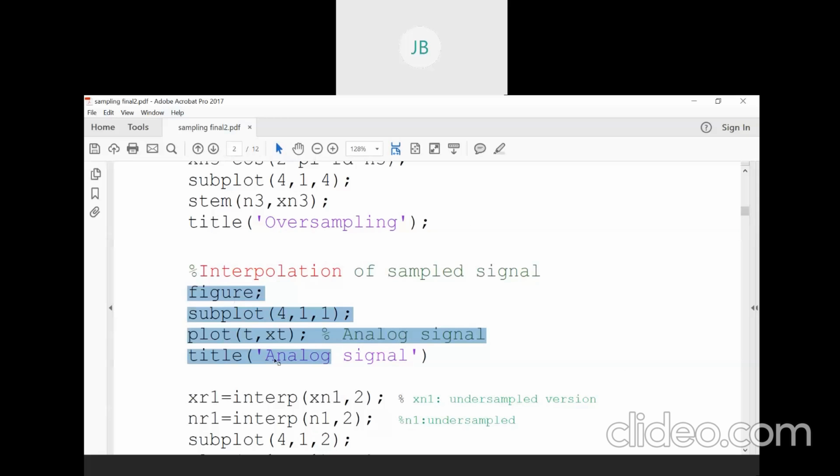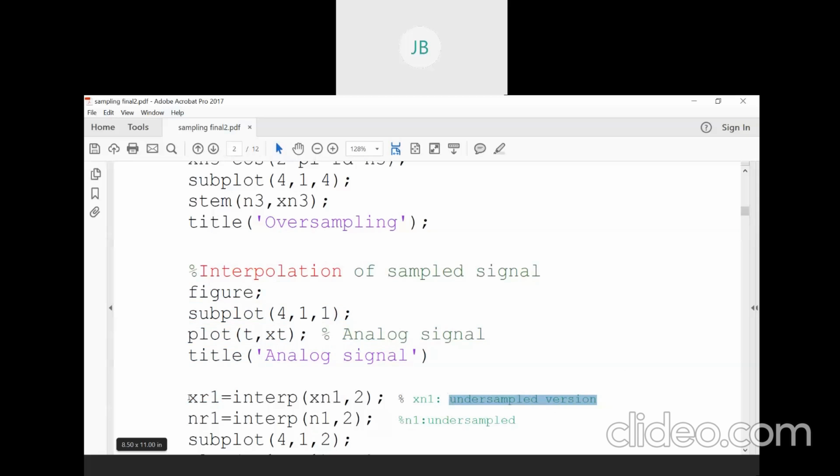Then from here onwards, we will investigate if we reconstruct the undersampled version, how that would appear. Next, the Nyquist sampled signal, how it would be. The third case, the oversampled signal, how that appears. So we will first consider the undersampled version.